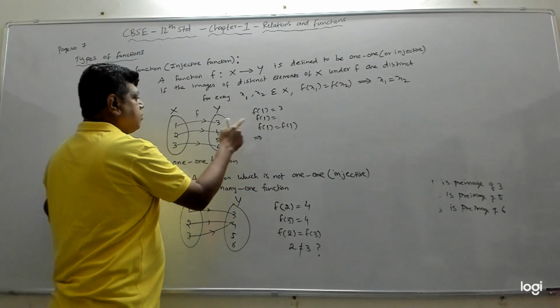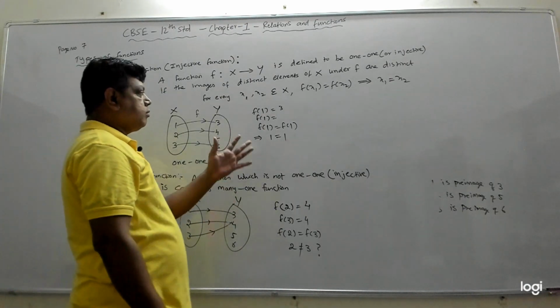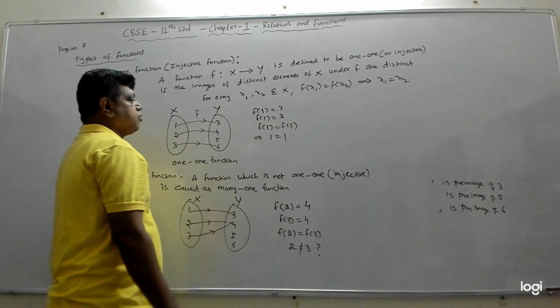F of 1 is 3, f of 1 is also 3. Therefore 1 equals 1. Therefore it is one to one.